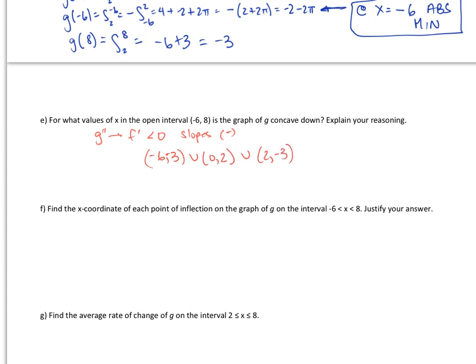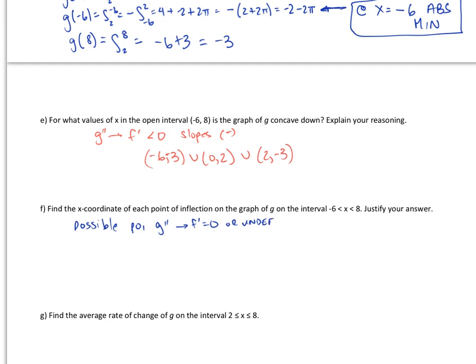So for part F now, it says find the x-coordinate of each point of inflection of the graph of g on the interval from -6 to 8, and then justify your conclusion. So the possible points of inflection are when g double prime, which is f prime, is equal to 0 or undefined.